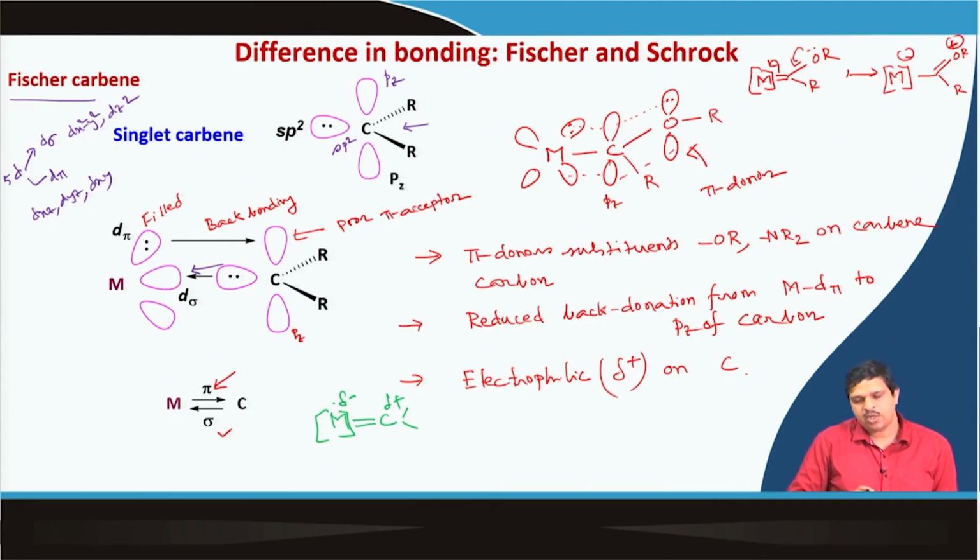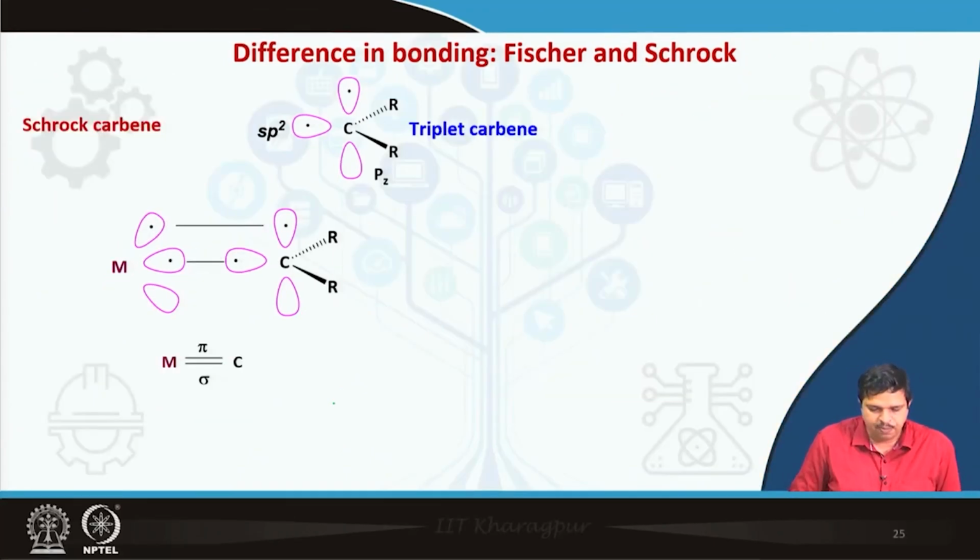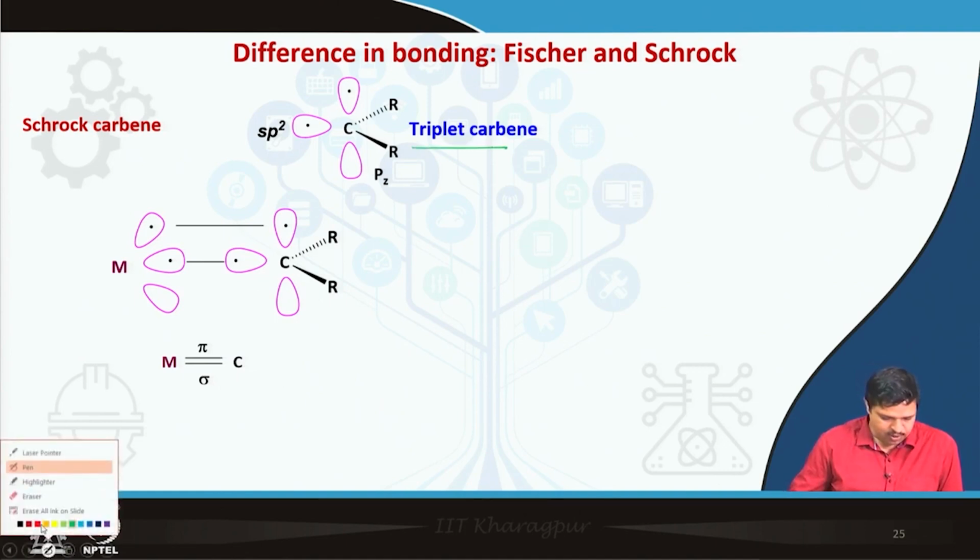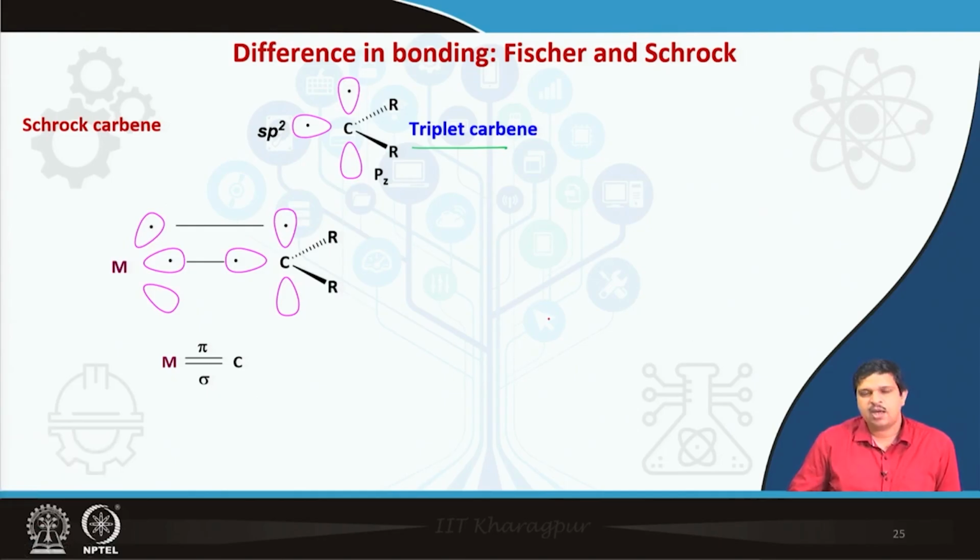I already discussed the role of the other substituents and also the ancillary ligands, because you will see that low oxidation state metals generally form the Fischer carbene complexes. Now what will happen in the Schrock carbene? In the Schrock carbene, the carbenes are actually triplet carbenes, and the bonding interaction is quite different, which is also reflected in its electronic properties.